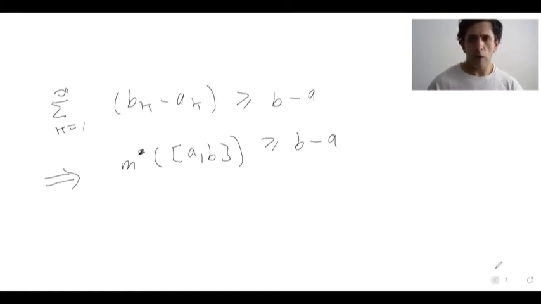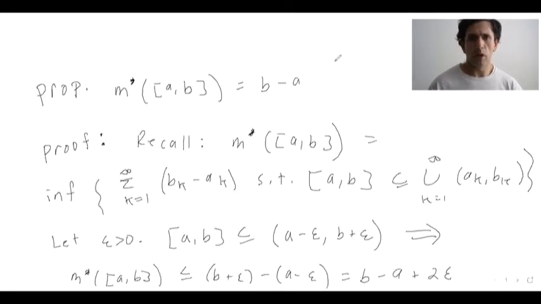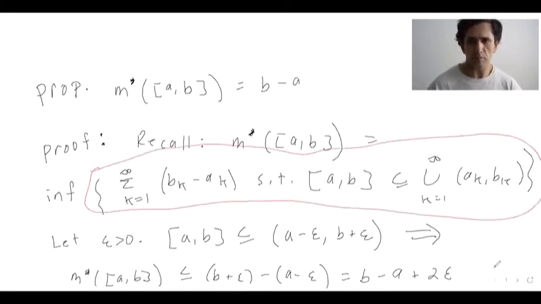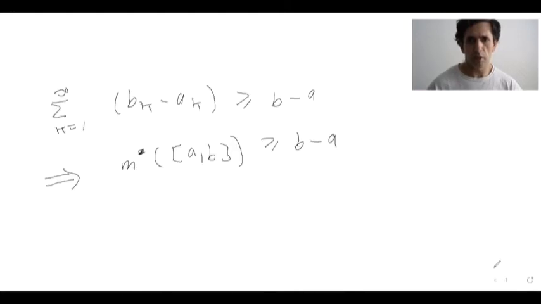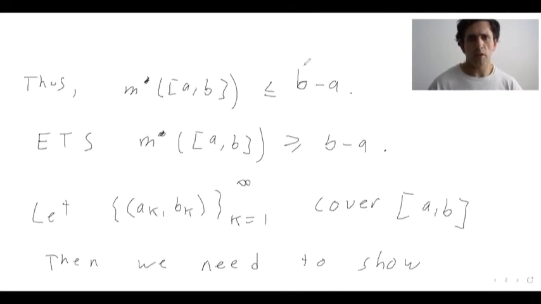Well, b minus a then is a lower bound for this set here. The infimum is the greatest lower bound. So the greatest lower bound is bigger or equal to this particular lower bound, which is exactly what I need to show.